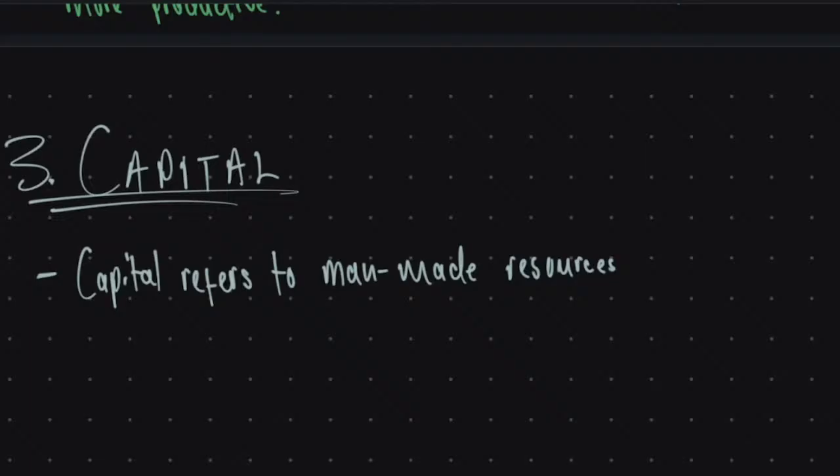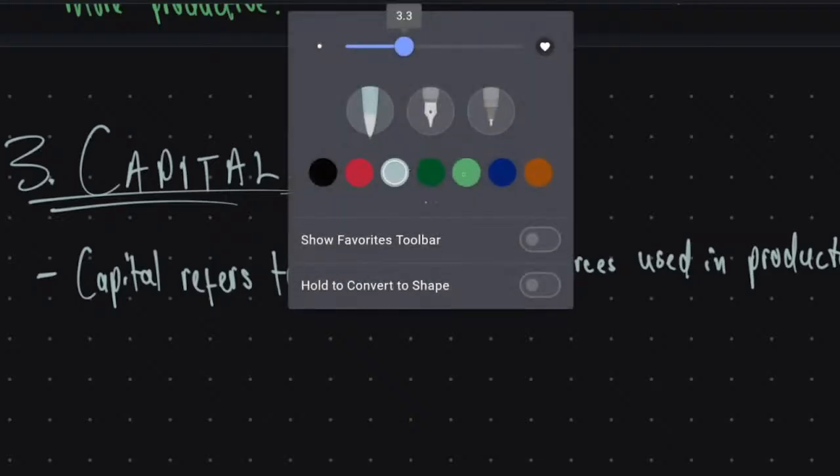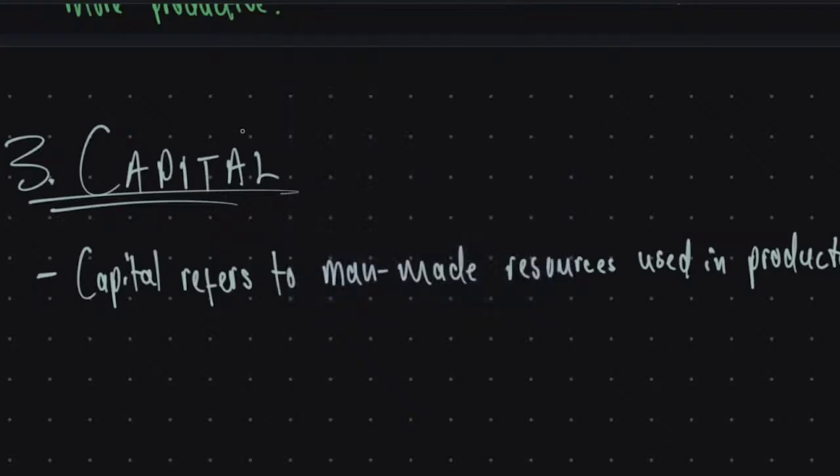All the man-made resources used in production, used to produce goods and services. These are capital.